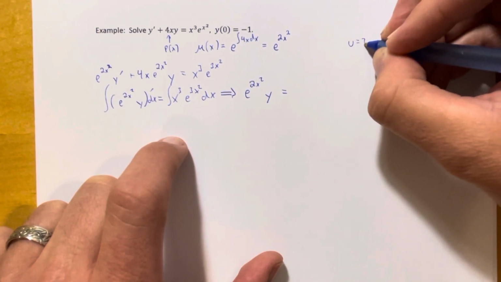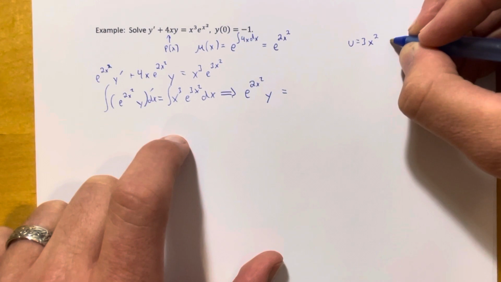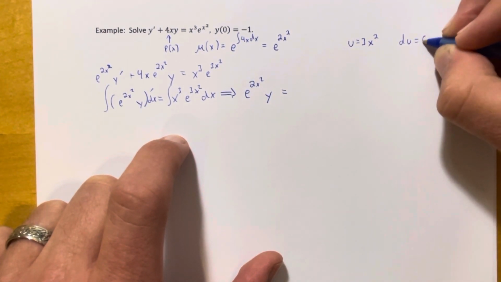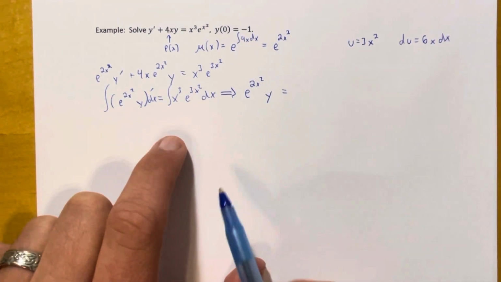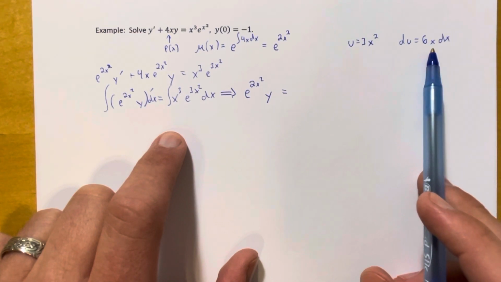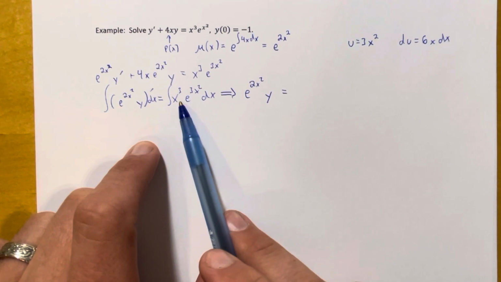U equals 3x squared, so that du is equal to 6x dx. Now, if you're looking at it, it would be nice to have a factor of x showing up here, but I don't have that. I have an x cubed.